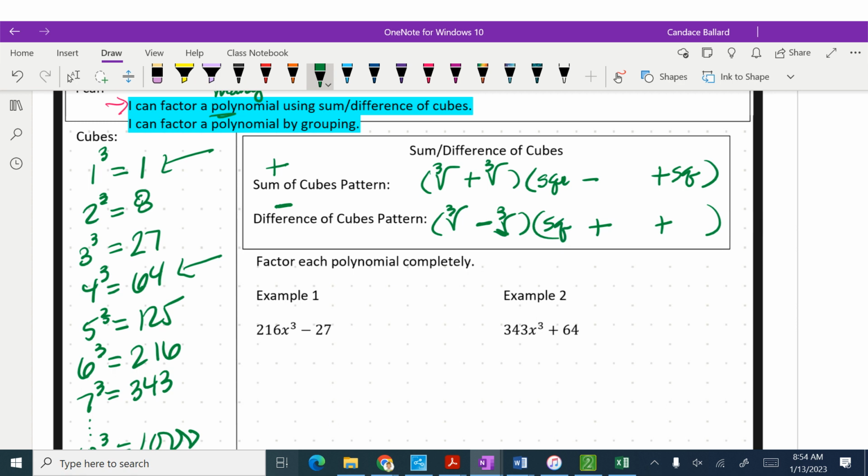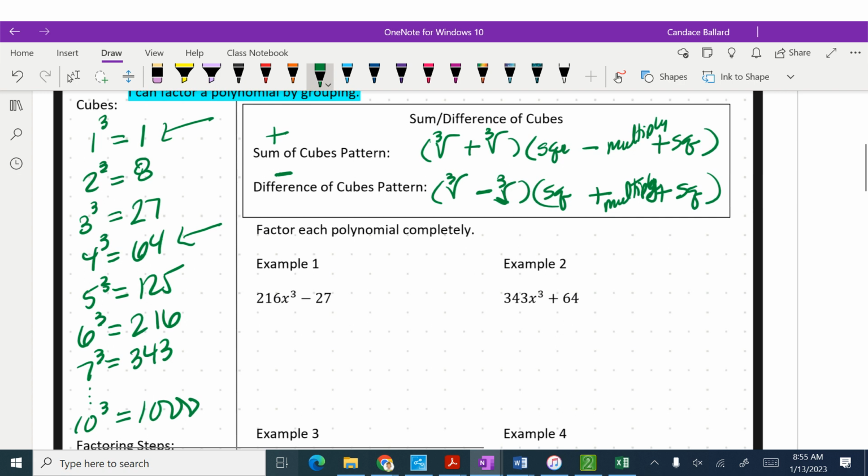So square and square, and then in the middle, we multiply. Those are our hints on what we have to do to get this done. It doesn't matter whether you have a sum or a difference. How it lays in there after the sign pattern is the same.